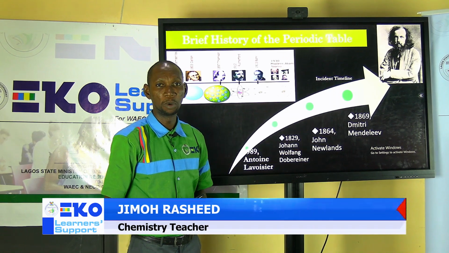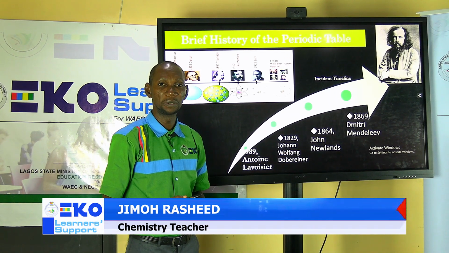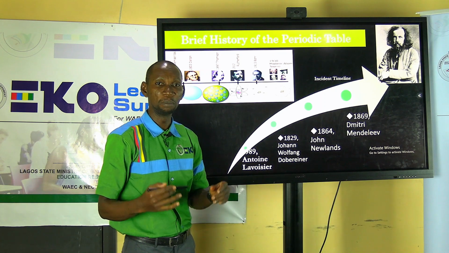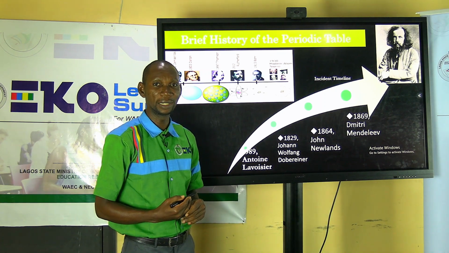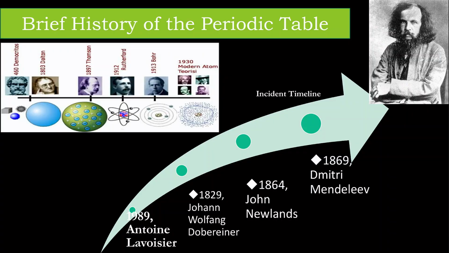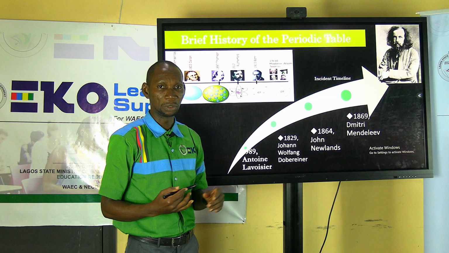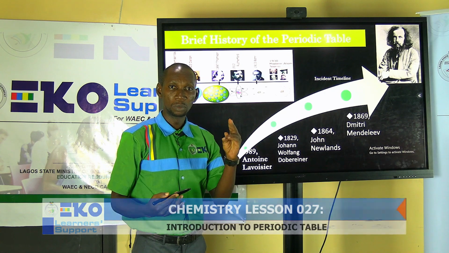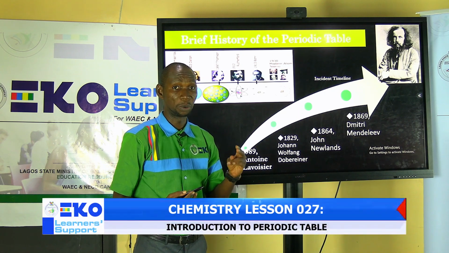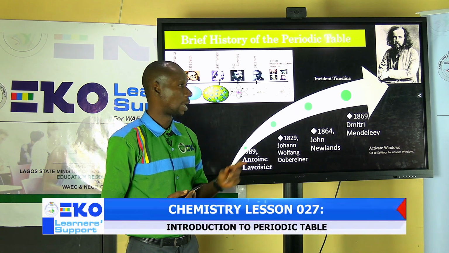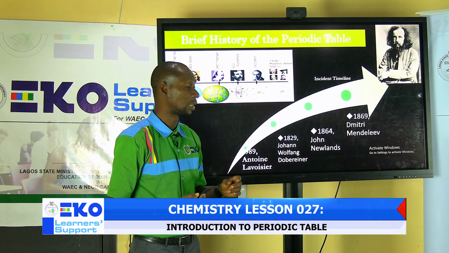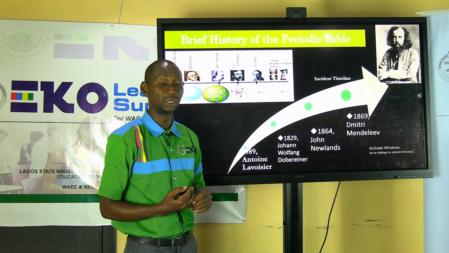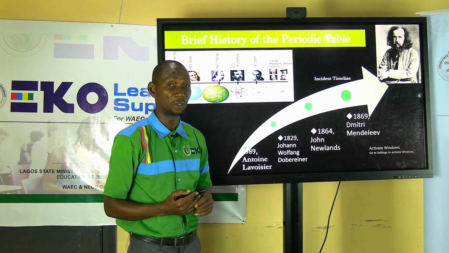But the father of them all, the man that we refer to as the father of the modern periodic table, is Dmitry Mendeleev. Dmitry Mendeleev did some magical discovery with the periodic table. 2 things that he did that were profound. 1, at the time that Dmitry was classifying his elements into the periodic table, some elements had not been discovered.